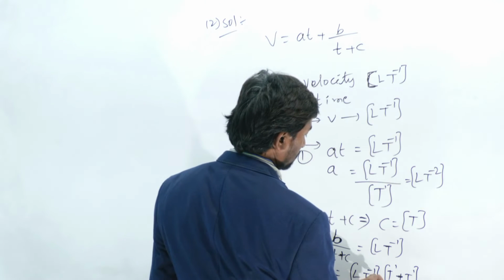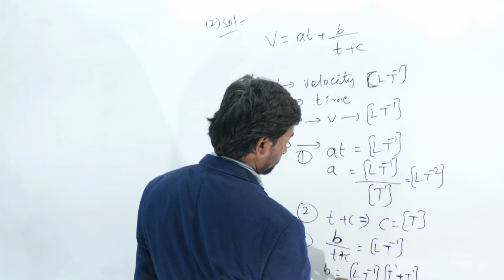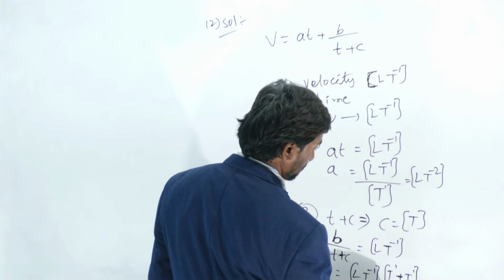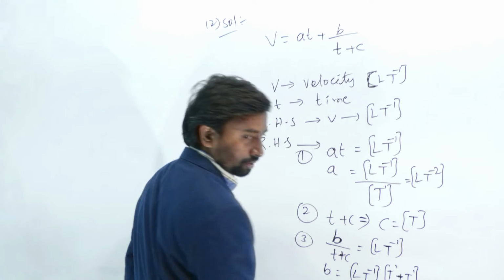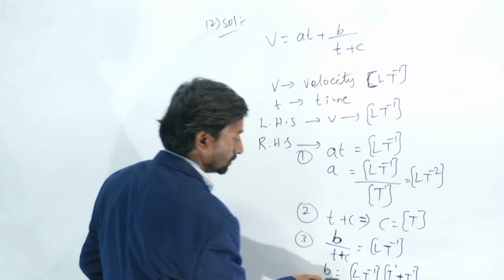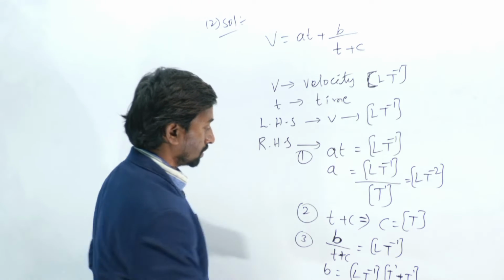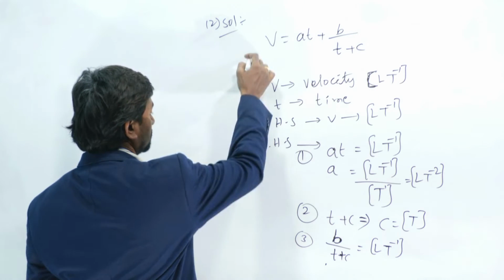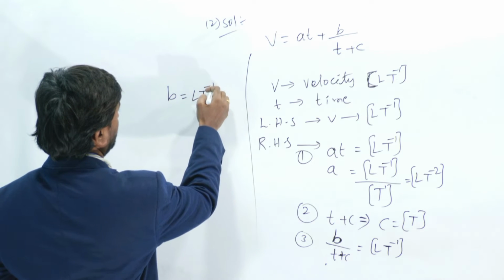So b is L into T power minus 1 into 2T. Here 2 is a constant, so we need not take it. Then T power 1 cancels with T power minus 1.